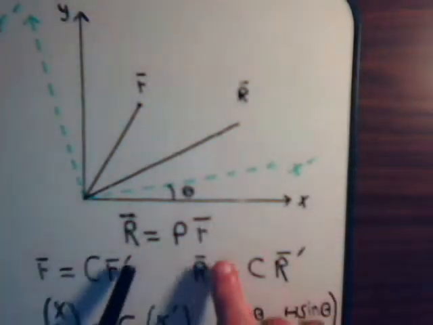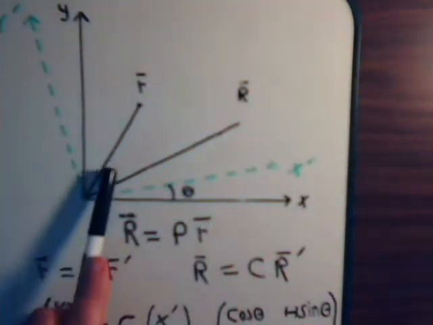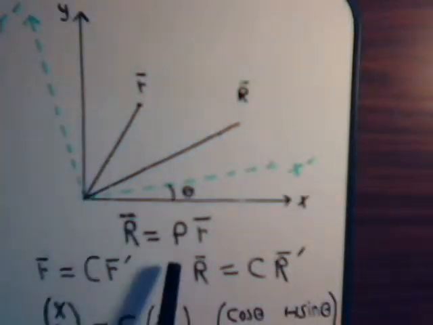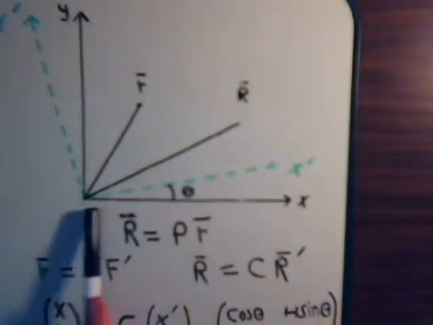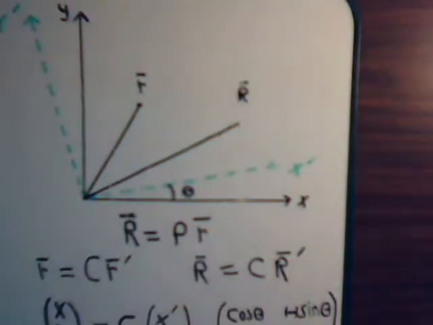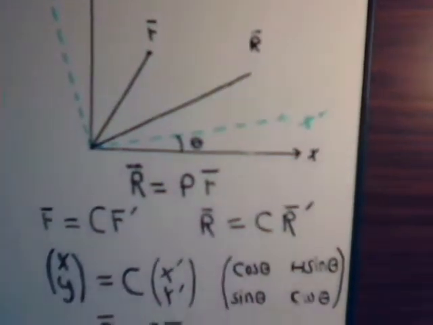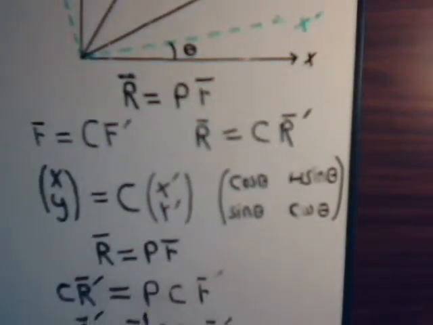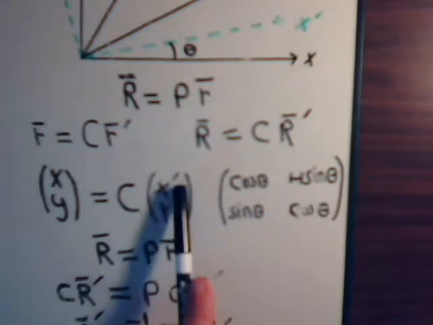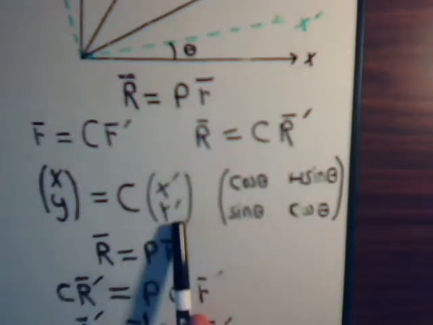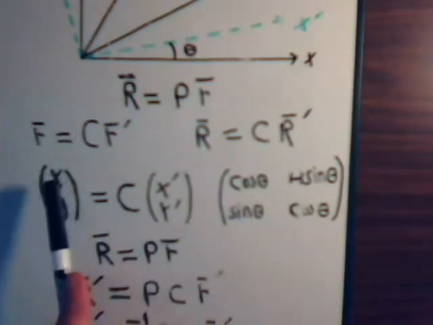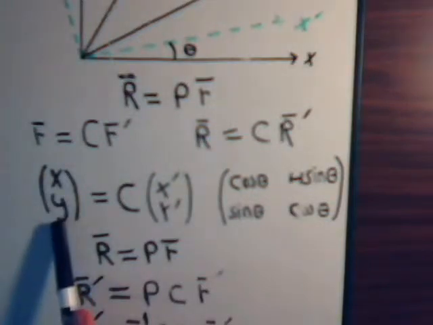So if we know an xy point in small r, the matrix will tell us the corresponding xy point in large vector r. Then for our primed axis, there is a matrix that if we have an x prime, y prime point, it will tell us a corresponding xy point.